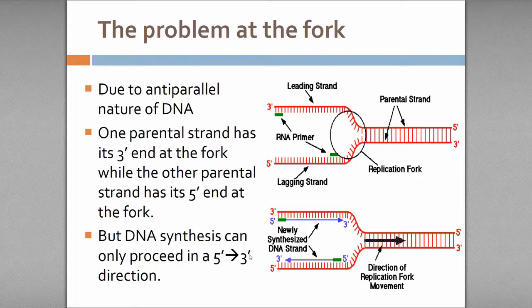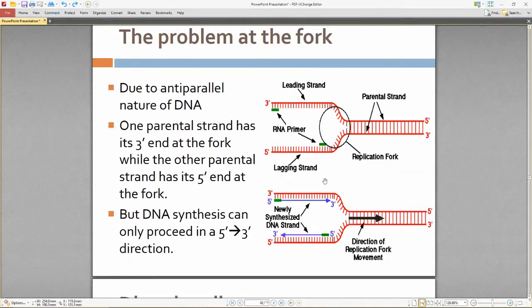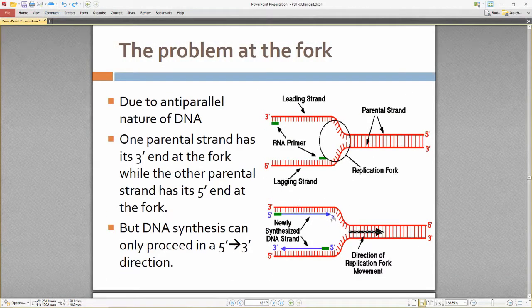There is a problem at the replication fork. As I just explained, DNAP3 can only add nucleotides to a 3' end. But we know that DNA is anti-parallel in nature. So if you have a replication fork here, and let's say you have an RNA primer over here.